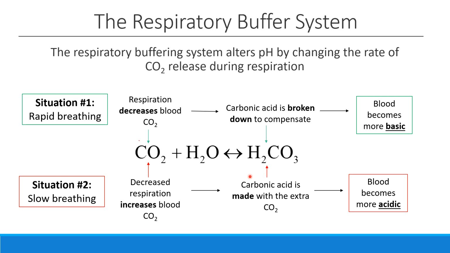And as we make more carbonic acid, we're going to turn the blood more acidic. Our pH is going to drop. So the way that the respiratory buffering system alters pH starts over here on the left side of that bicarbonate buffer with the carbon dioxide. I can release carbon dioxide, I can store carbon dioxide. Depending on what I do with it, I will either become more basic or more acidic.